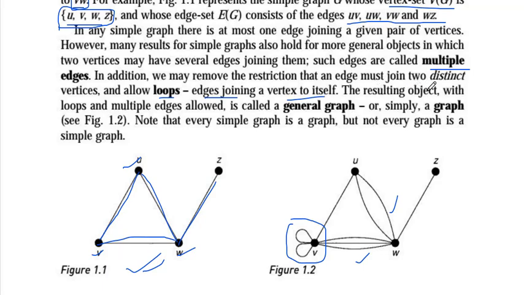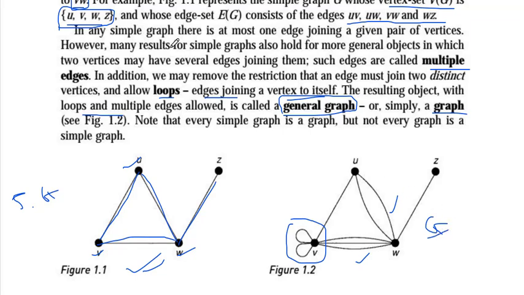So the resulting object with loops and multiple edges is called a general graph, or simply you can say a graph. This is called a simple graph, and this with multiple edges is called only a graph or general graph. So a simple graph has only one edge between vertices and no loops, and for loops and multiple edges we call it a graph.